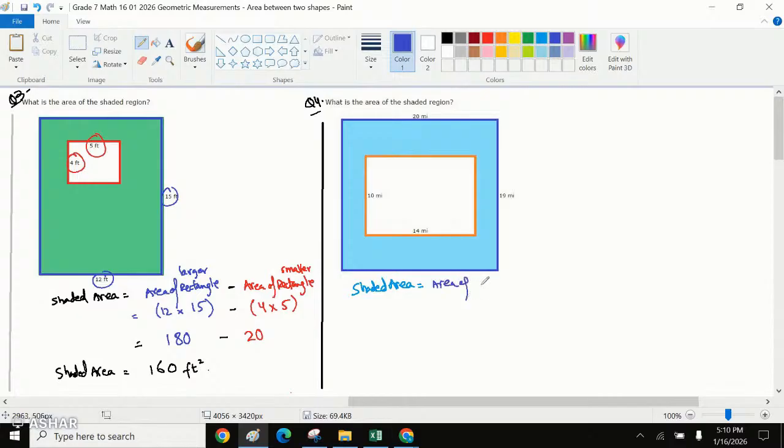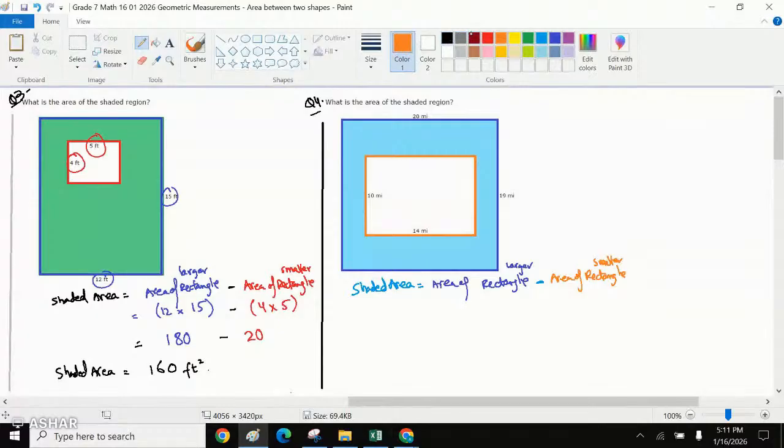Area of rectangle, that is the larger rectangle, minus area of rectangle again, because the inner shape is also a rectangle, but this time it is the smaller. I'm using color codes to match the shapes, okay?